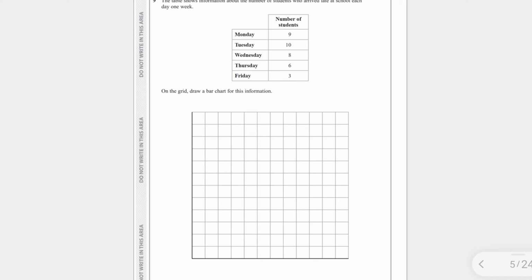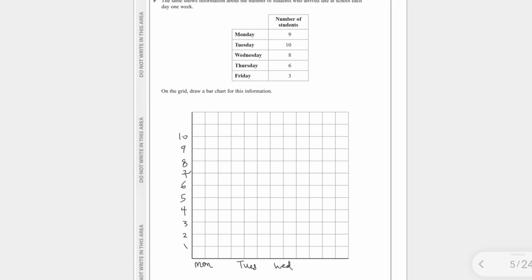So I can label this as 1, 2, 3, 4, 5, 6, 7, 8, 9, and 10. So the first one here is Monday. Then let's say this is Tuesday, and let's say this is Wednesday.